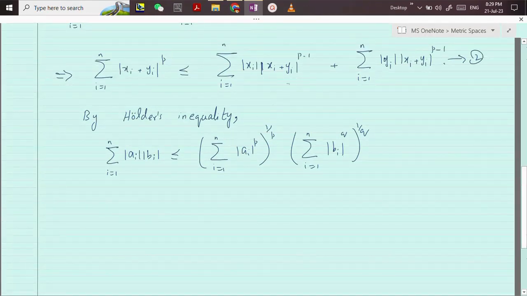When we talk about this sum, this is our |ai|, and this complete term is |bi|, remember, because I'm telling you that |xi| is |ai|, and |xi + yi|^(p-1) is our |bi|.